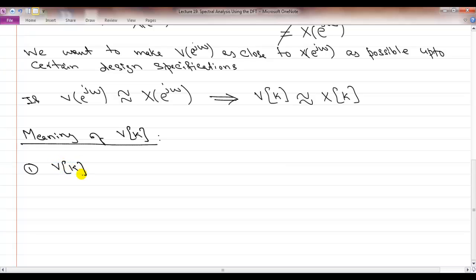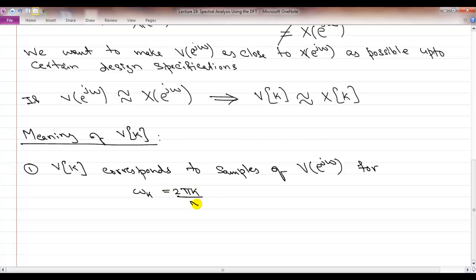So the first thing we know is V of k corresponds to samples of V of e to the j omega for omega k equal to 2 pi k over N. So we are just sampling the frequencies every 2 pi over N radians.